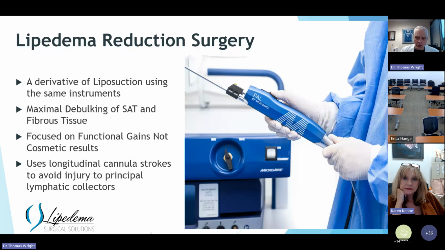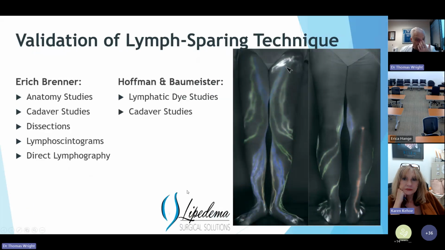And then there are special techniques we use, longitudinal cannula strokes, to avoid injury to the principal lymphatic collectors. I'm going to explain that a little more in the next slide. Because lipedema is known to progress to secondary lymphedema, there's always been a concern about injury to lymphatics with this disease. Early on, when this was developed mostly in Germany, there was great concern about injuring lymphatic function and flow.